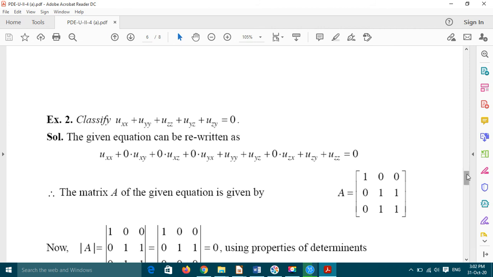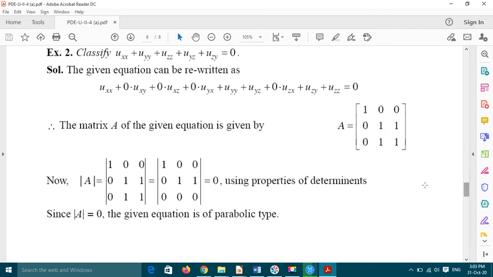Now come on to the next problem. Our next problem is classify u_xx plus u_yy plus u_zz plus u_yz plus u_zy is equal to 0. It means the coefficient of u_xx is 1, u_yy is 1, u_zz is 1, u_yz is 1, u_zy is 1, and the coefficients of u_xz and u_zx are 0, and the coefficients of u_xy and u_yx are also 0.